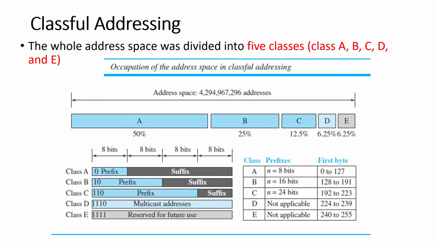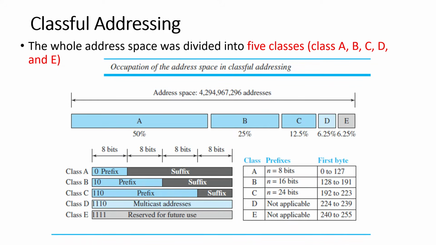These are the IP address ranges under class B. Class C: n is equal to 24 bits for the network ID, and the remaining 8 bits are used to represent the host ID. The address range for class C starts from 192 and ends with 223.